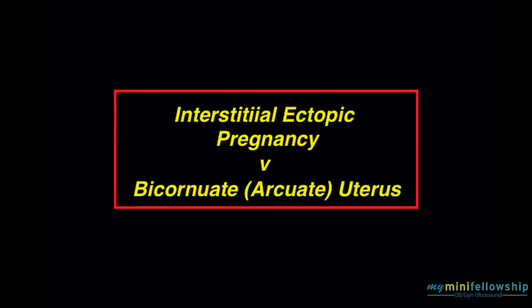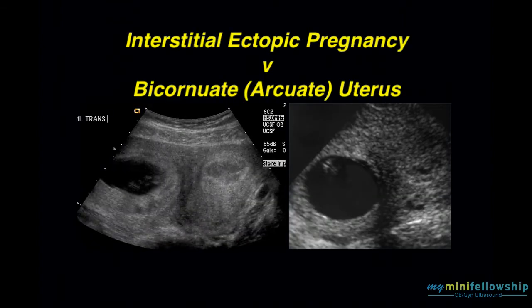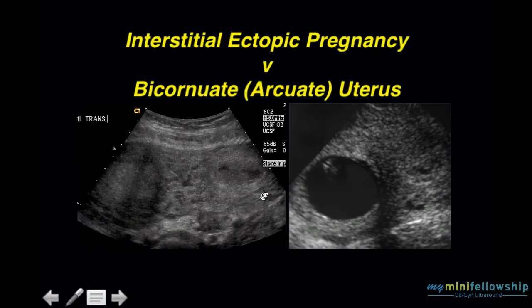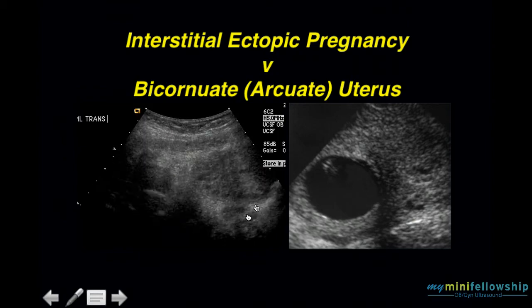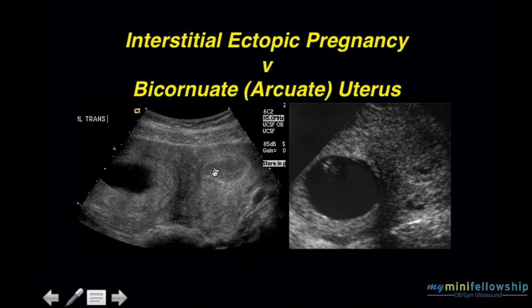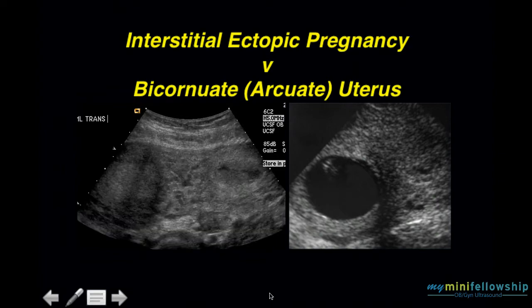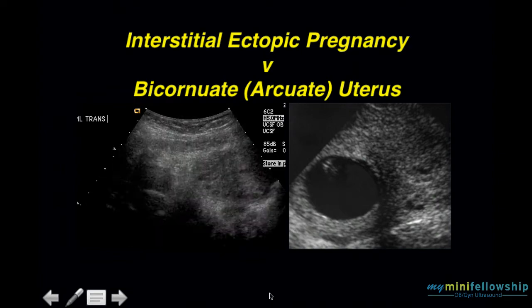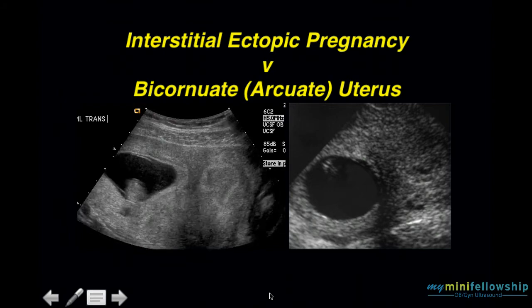Another thing that comes up with these uteri that have either two horns or are two separate uteri is the issue of interstitial ectopic pregnancy versus bicornuate uterus. So here you can see one of these cases where there's clearly a bicornuate uterus with a pregnancy in one horn. And what do we see in this horn? Same thing. Decidualized endometrium. Now, it's a mature decidual cast.